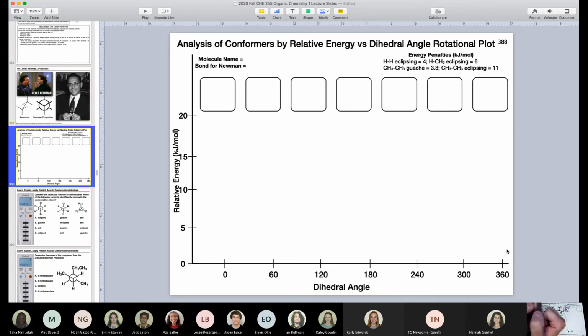When two reactants collide, remember in a reaction, things have to collide for a reaction to occur. So they collide, a bond is formed. The reason conformational analysis is important is because some of these conformations are more reactive than others.